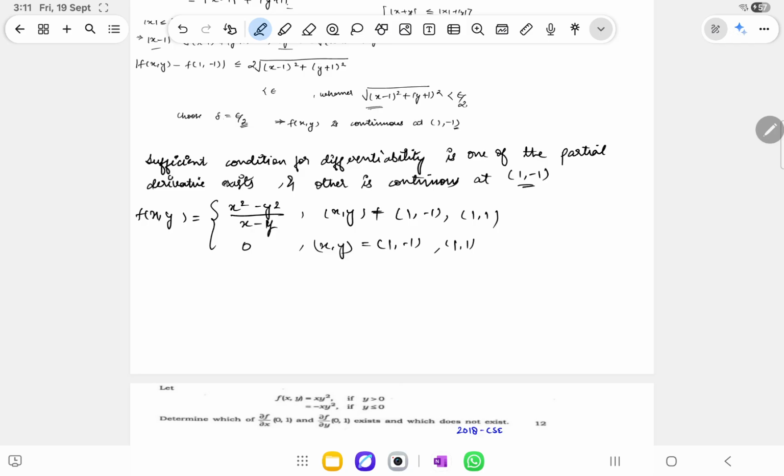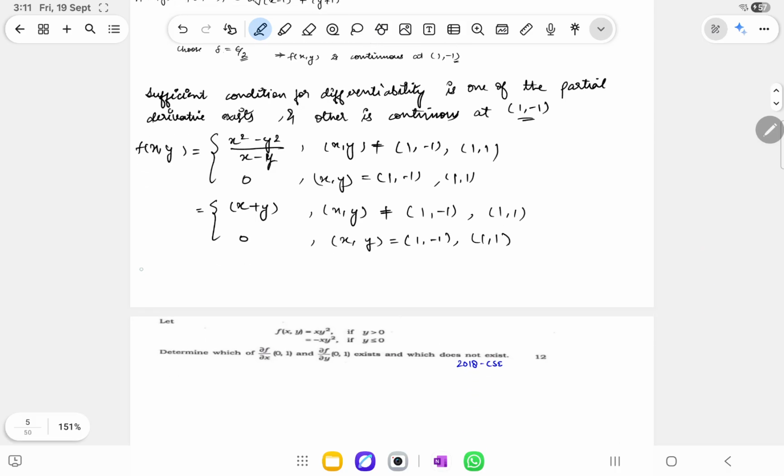We can simplify it to write it as x plus y when (x, y) is not (1, -1) or (1, 1), and likewise 0 when (x, y) equals (1, -1) and (1, 1). If you take its partial derivative with respect to x, you'll be getting 1, and with respect to y, again you'll be getting 1.